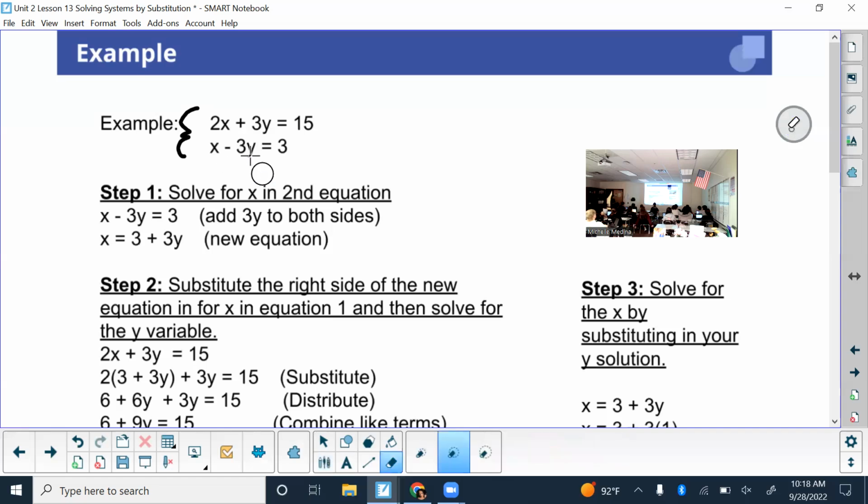So if it's already negative, adding the same amount would make it 0. Then whatever you do on one side of the equal sign, do to the other side. So now the x is by itself, which you can see in this equation. Why didn't we add the 3 and 3y to make like 6y or something?